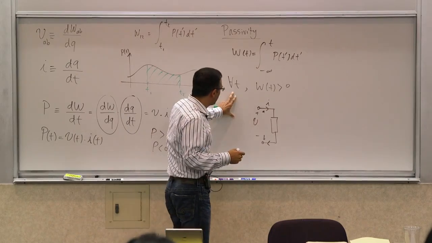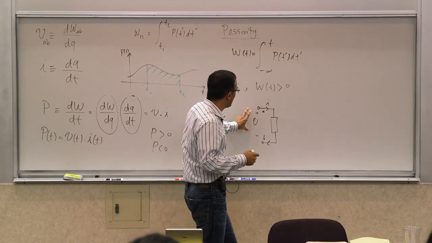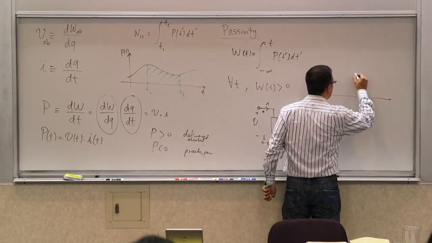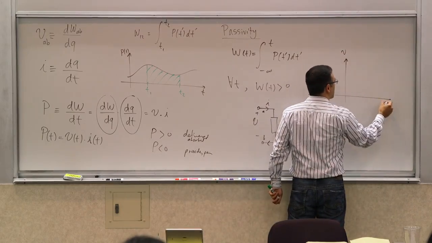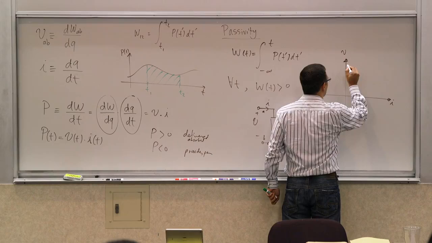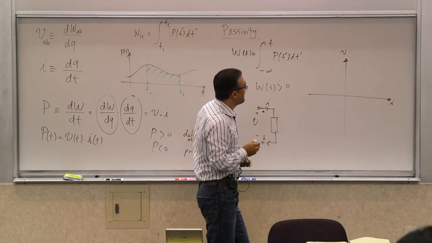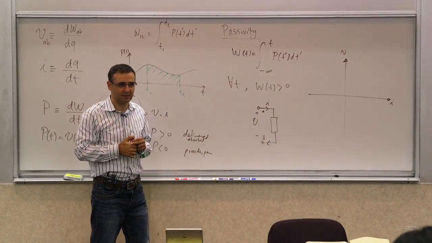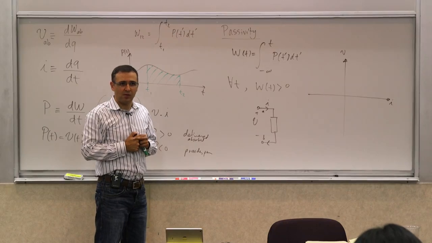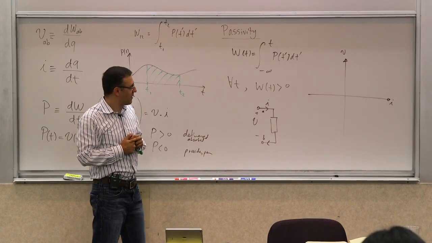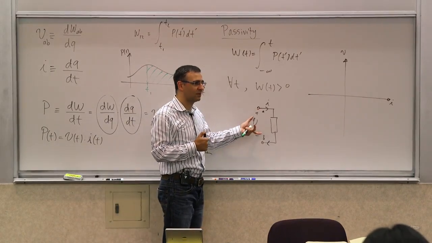Anyway, going back to the discussion, if you have a two-terminal element, you can look at this V and I. You can say V versus I or I versus V. Here we are doing I versus V. Now, if something is passive, what does it mean about this current and voltage?